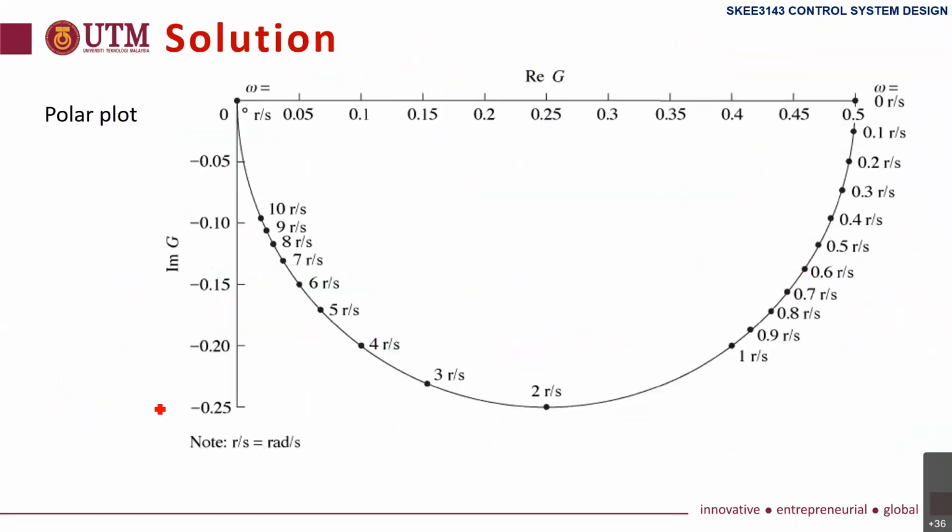And this is an example of a polar plot. How does it work? Here the real axis exists, RE, and here the imaginary axis.